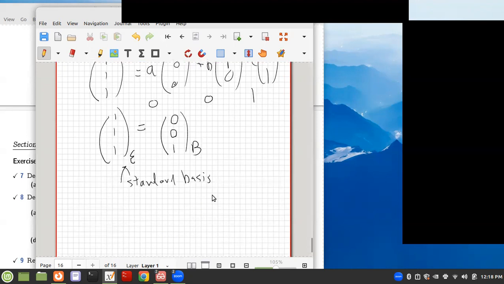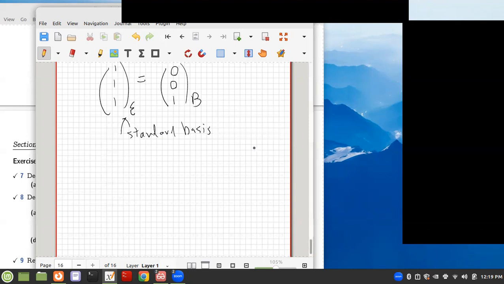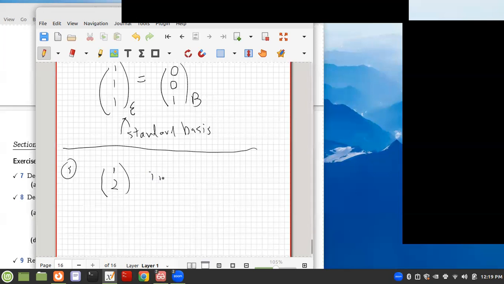Okay, so let's maybe try another simpler one. Let's try: what is the vector 1, 2 in basis B equals 1, 1, 1 minus 1?